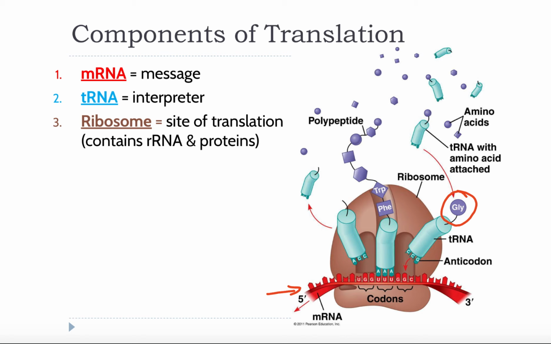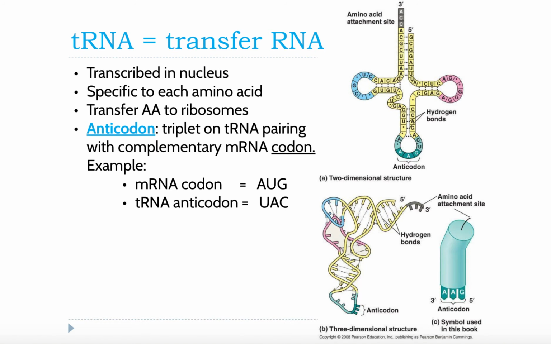And the machine that's basically reading and helping pair the tRNA with the mRNA and make all the bonds between the amino acids, that's the ribosome, which contains our RNA and some other proteins that help this process out.